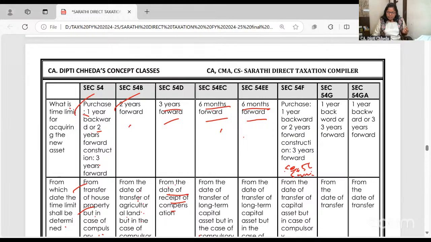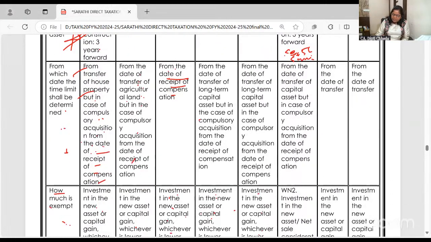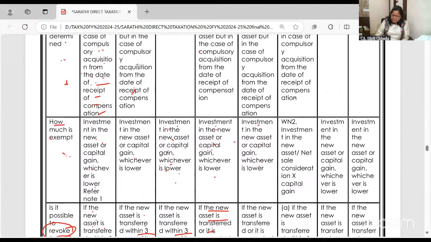You are selling anything and you are buying house. Time limit is same. 1 year backward, 2 years forward, for construction 3 years forward, from date of transfer. In case of compulsory acquisition, from that day.